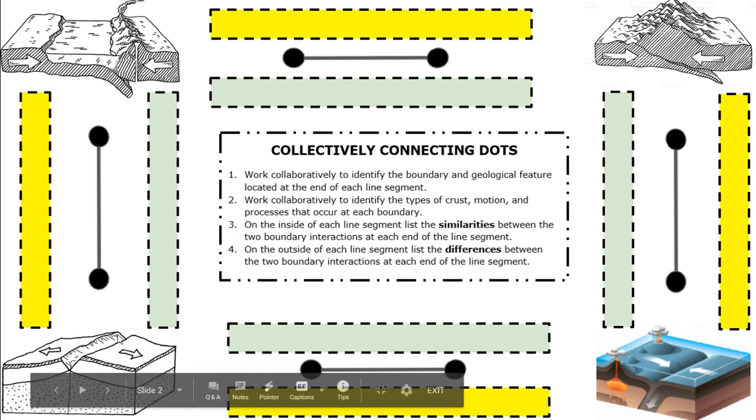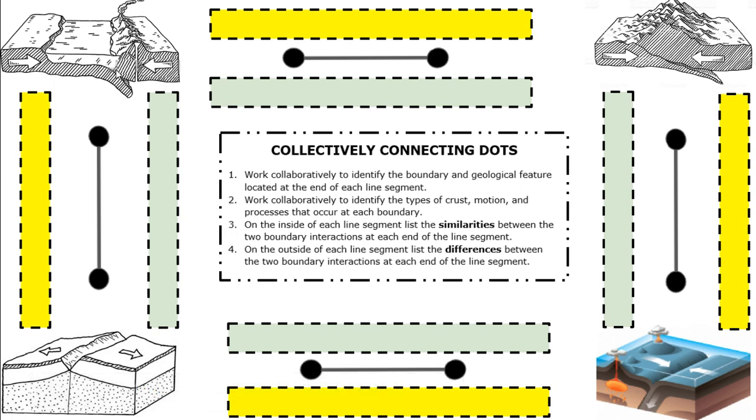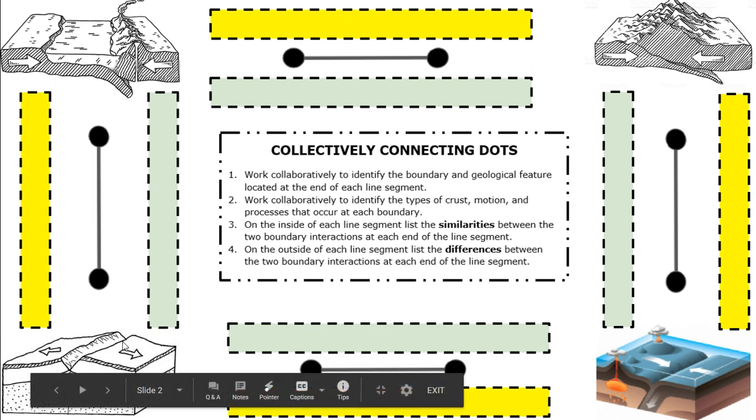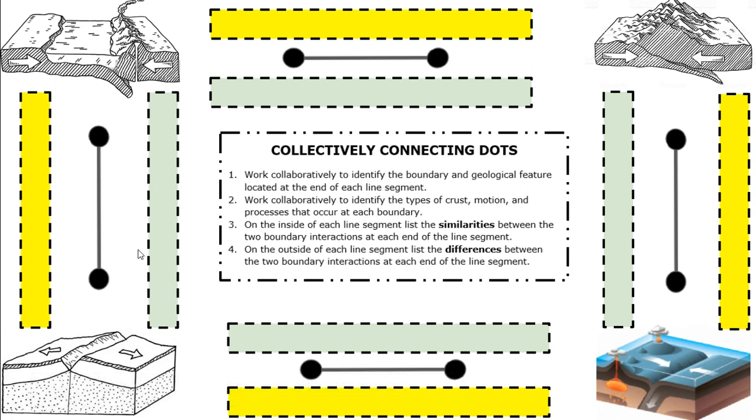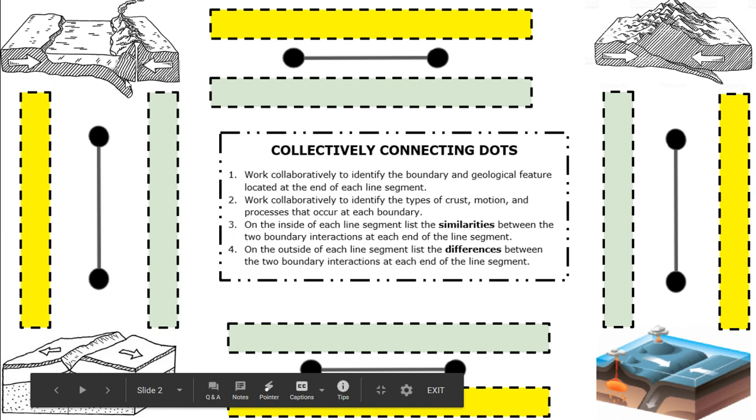Similarities, they're both making crustal formations, etc. So probably part 3 and 4 would be the most challenging to talk about similarities and differences because these boundaries seem to be just the opposite. These are converging, coming together. These are divergent, moving away.